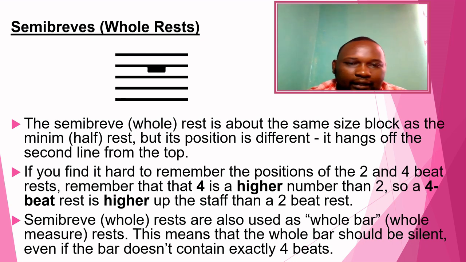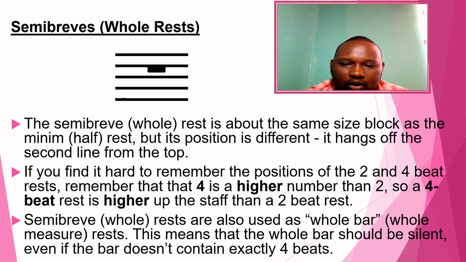If you find it hard to remember the positions of the 2 and 4 beat rest, remember that the 4 is higher than number 2. So a 4 beat rest is higher up on the staff than a 2 beat rest. A 2 beat rest is just on the middle line.